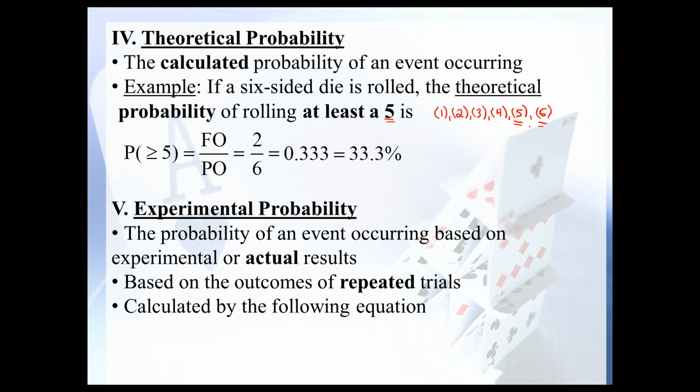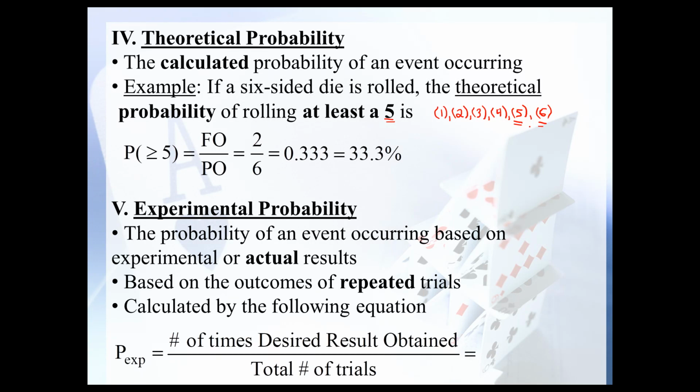We can calculate it using the following equation. We're going to write down P, and then a subscript EXP. The EXP stands for experimental probability. This would be equal to the number of times a desired result is obtained, divided by the total number of times you actually perform the experiment.